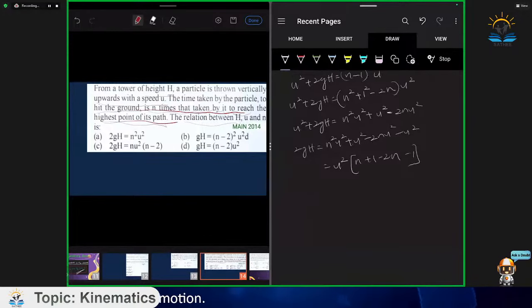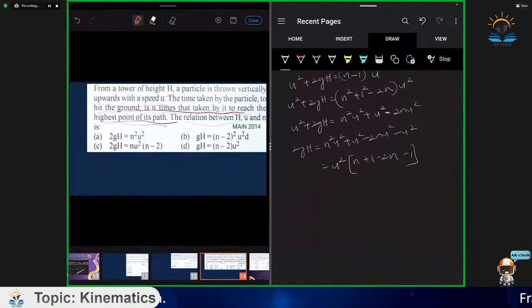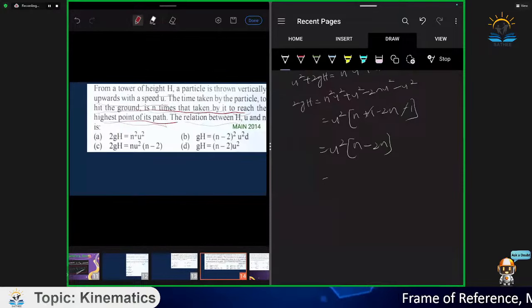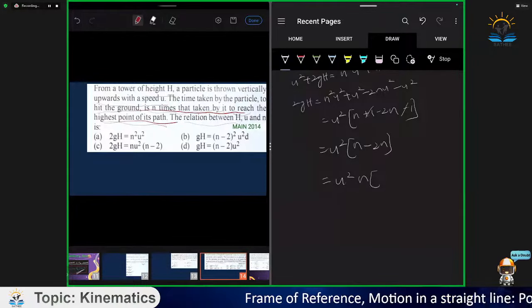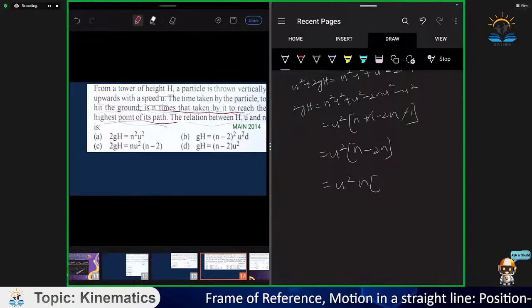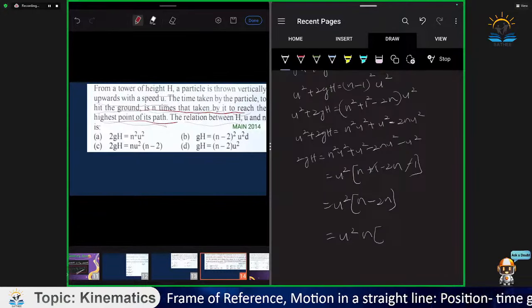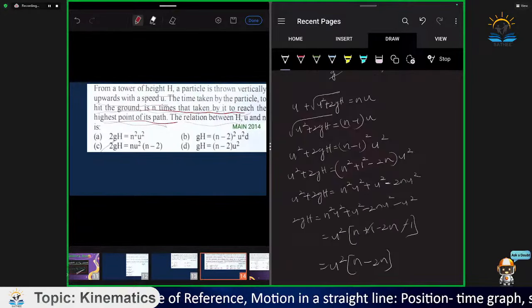Here we can cancel minus 1 plus 1. So u square, n square minus 2n. Here we can take n common. So the answer will be 2gh equal to n u square into n minus 2.